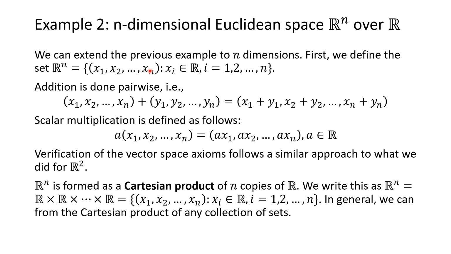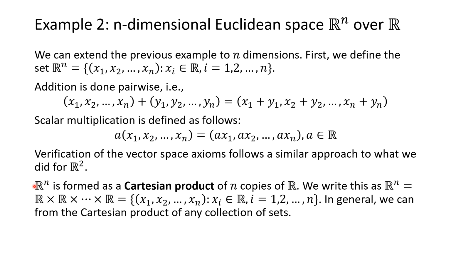And in fact, you can actually have an infinite number of components, and that's called R superscript infinity, and that would be an infinite dimensional vector space. And we would define addition and scalar multiplication in a similar way.